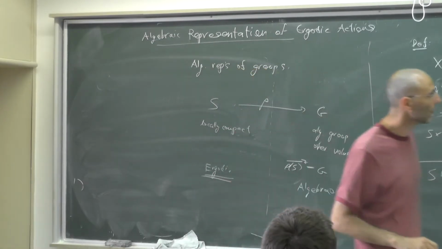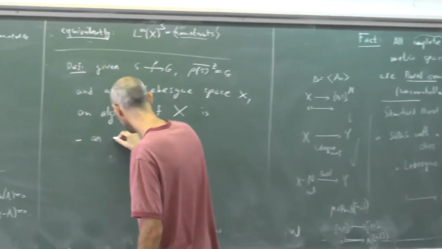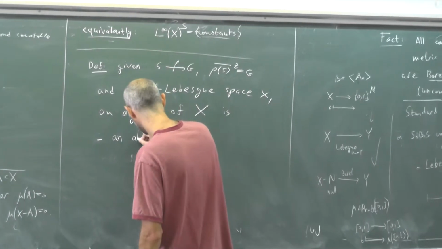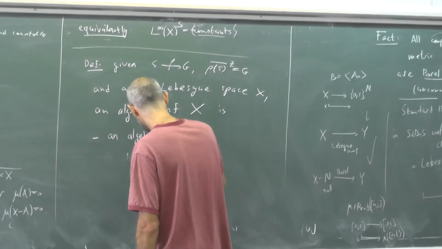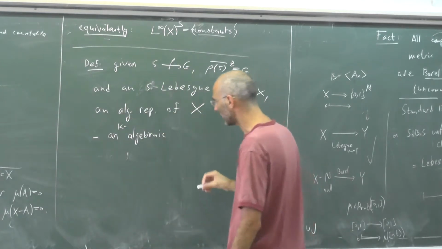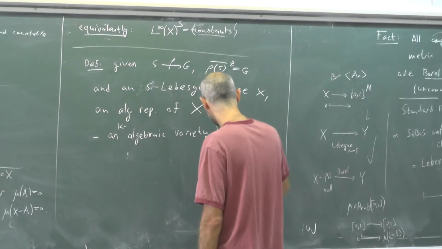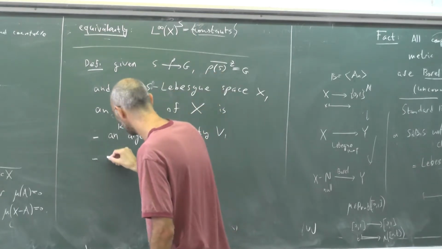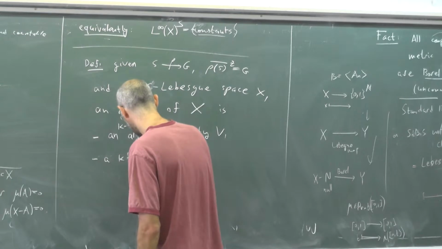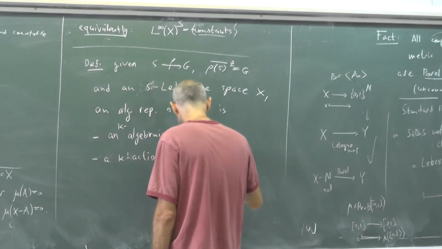So the group here is the set of points over the field, and now a variety V, a K action of G on V.